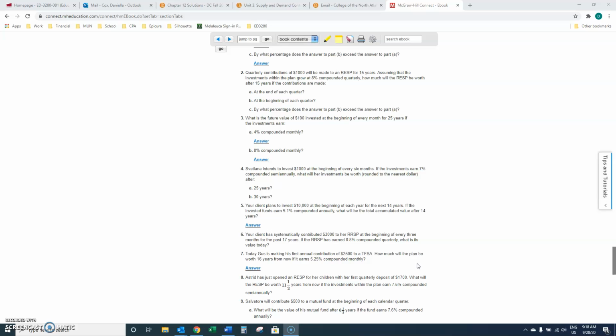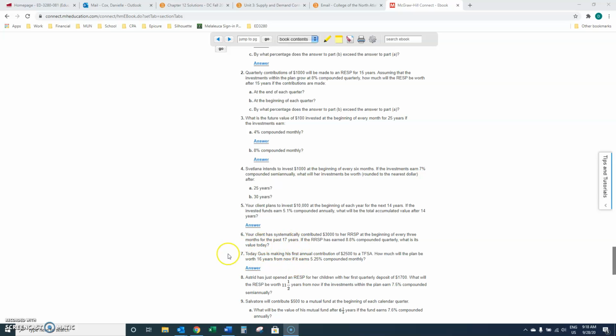For example, the first question we're looking at right now is question number 7. Today, Gus is making his first annual contribution of $2,500 in a tax-free savings account. How much will the plan be worth 16 years from now if it earns 5.25% compounded monthly? If you took out the "today" and said, starting at the end of this month, Gus is doing his first contribution, it would be the same question that we looked at in chapter 10.